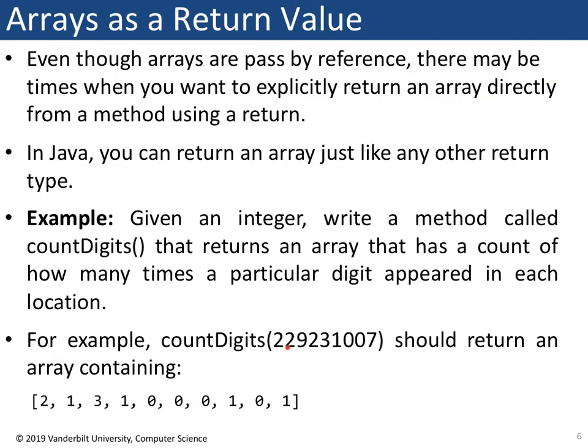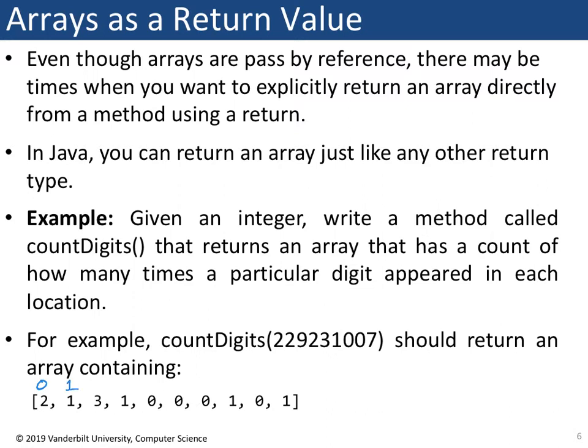So in this method, we're passing some integer. So in this case, 229231007, that's an integer value. So we're passing in some integer, and then we are counting the appearance of each of these digits. So there are two occurrences of the digit 0. There's one occurrence of the digit 1.